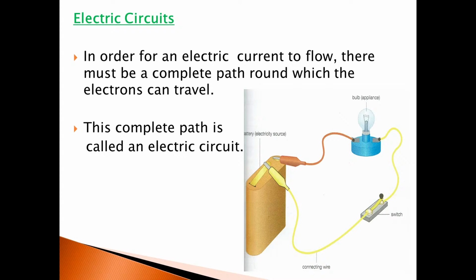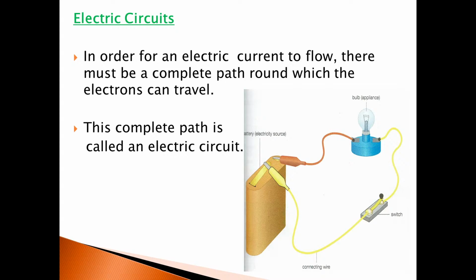In order for an electric current to flow, there must be a complete path around which the electrons can travel. Very important information.